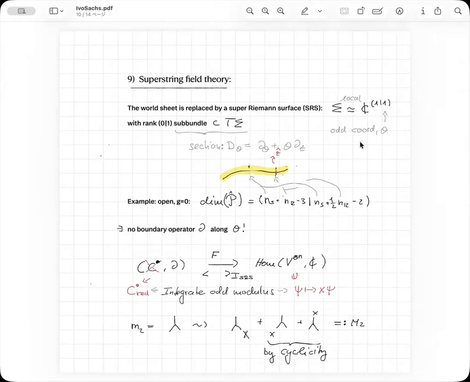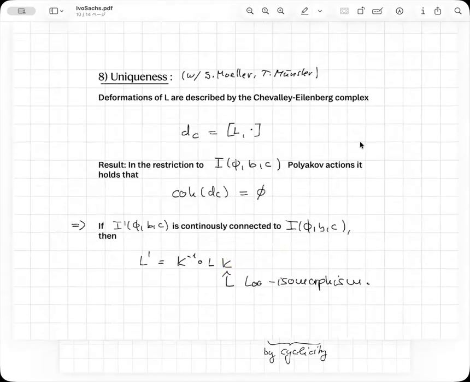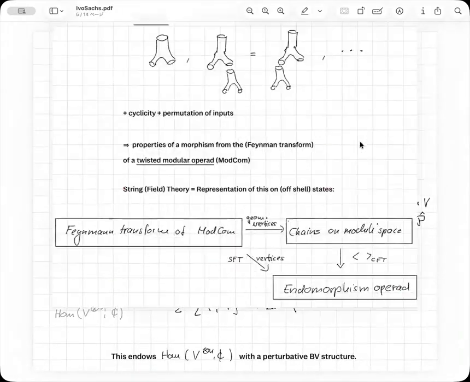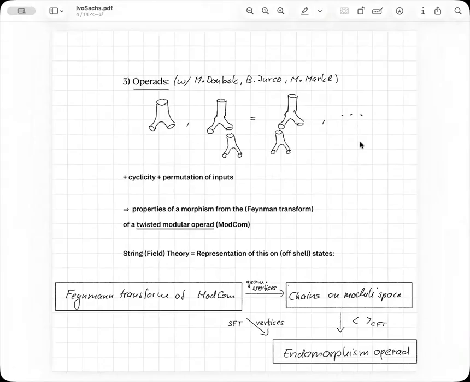But in order to show how to do that, I need to know a little bit about this CFT. I don't know anymore what happens here, but I do know what I can do here. So first I need to know, how does this CFT get modified?